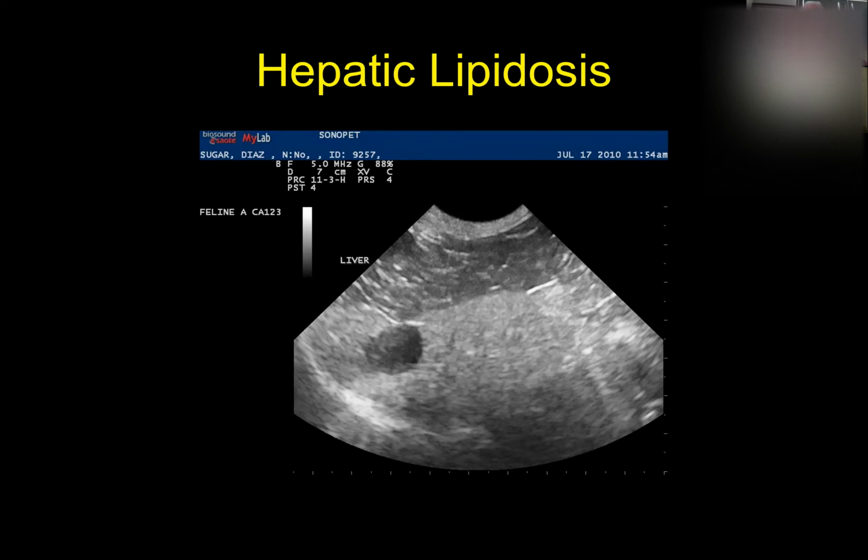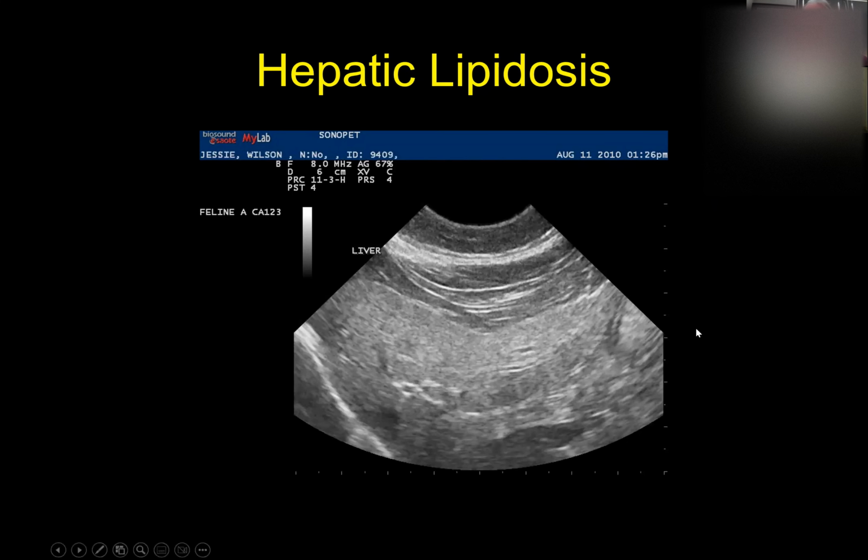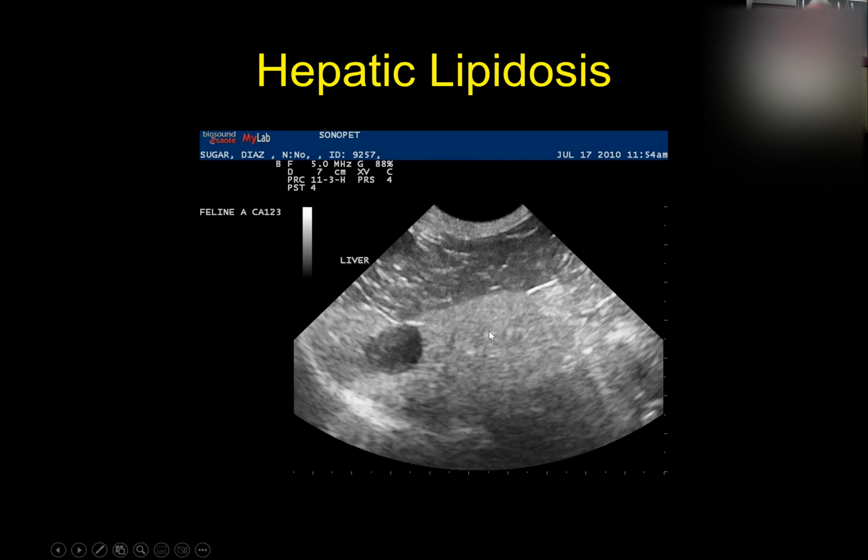The other thing that I always look for is decreased conspicuity. In other words, you can't see the vessels inside the liver as well. You can't follow them out into the liver. Sometimes you hardly see any vessels at all, like in this part of the liver, because the fat attenuates the sound and makes everything harder to see.